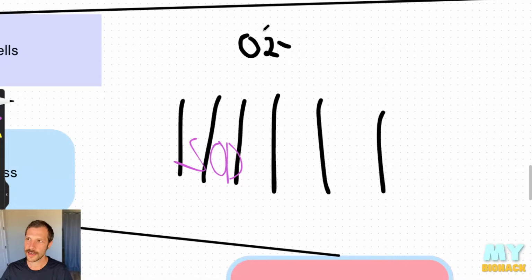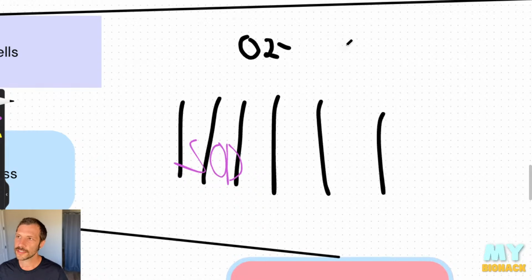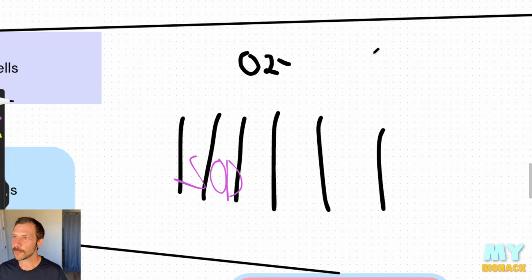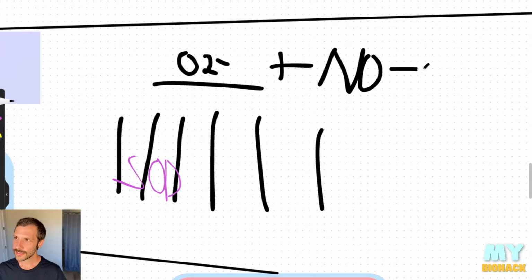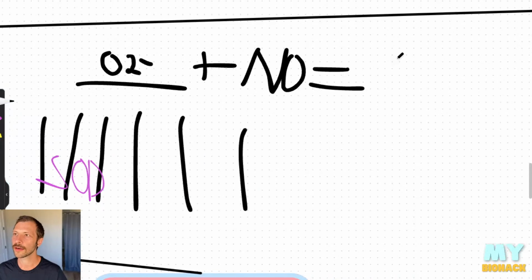And superoxide is another free radical, just like reactive oxygen species. And when superoxide combines with nitric oxide, this creates an even stronger free radical called peroxynitrite.